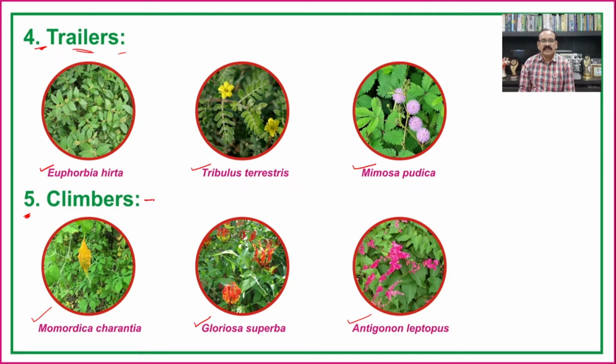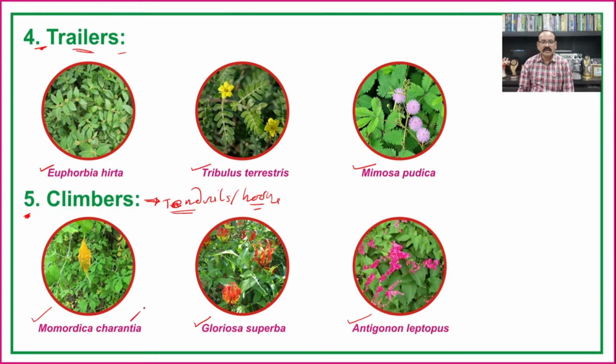There is a distinct difference between climbers and twiners. Climbers are provided with tendrils, and with the help of these tendrils or other structures like hooks, they climb on a particular support, and hence they are known as climbers.